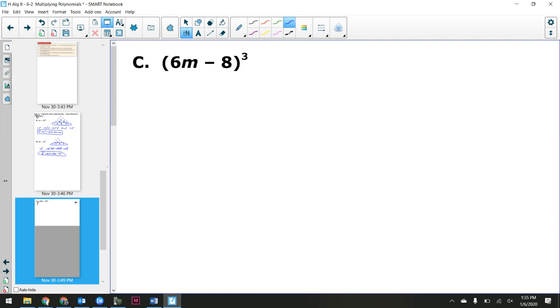All right. So let's try 6m minus 8 raised to the third power. What row of Pascal's triangle do we need? Row 3. That's the row that we need. Start out by writing out our coefficients.